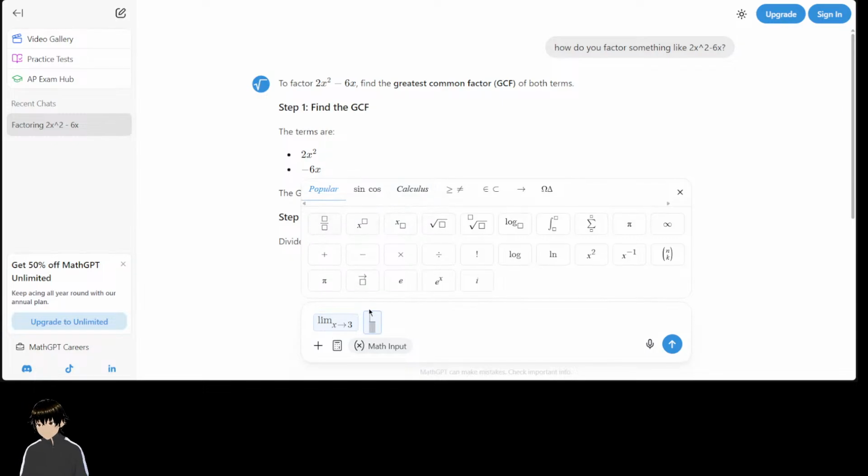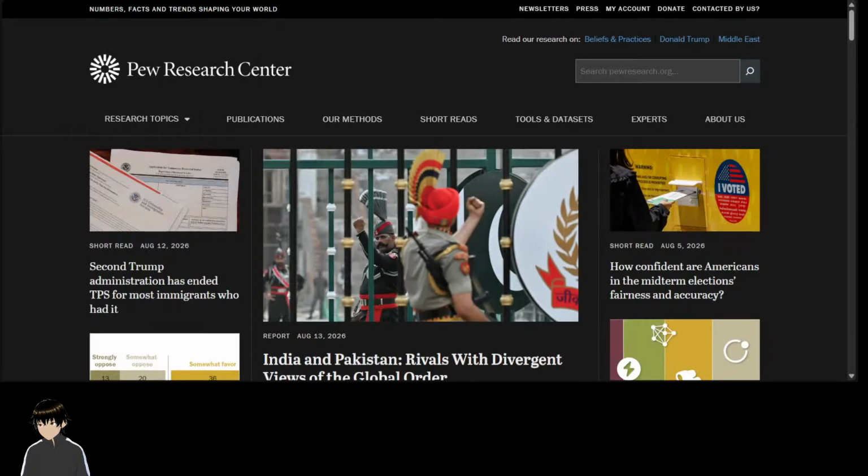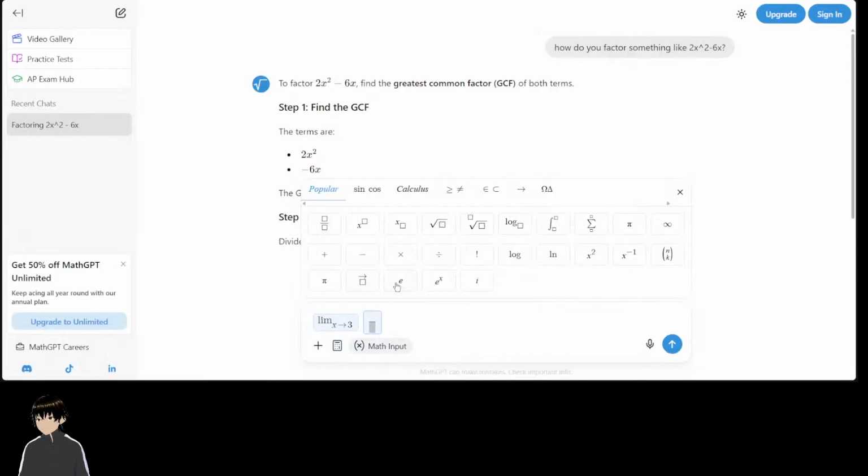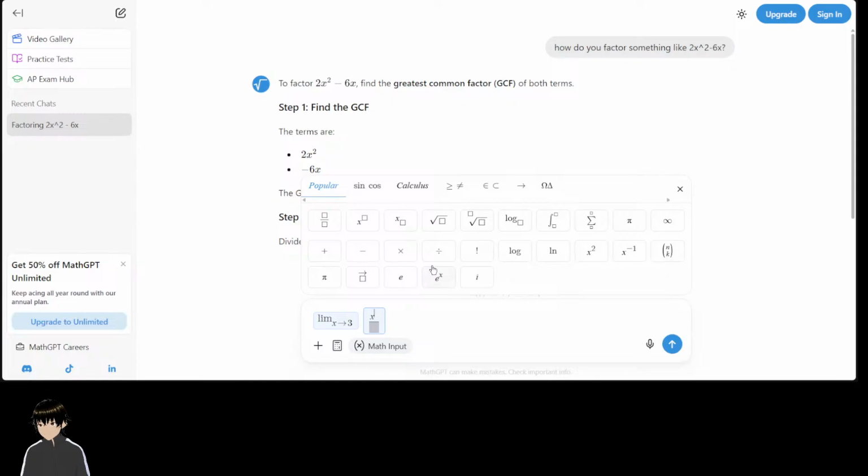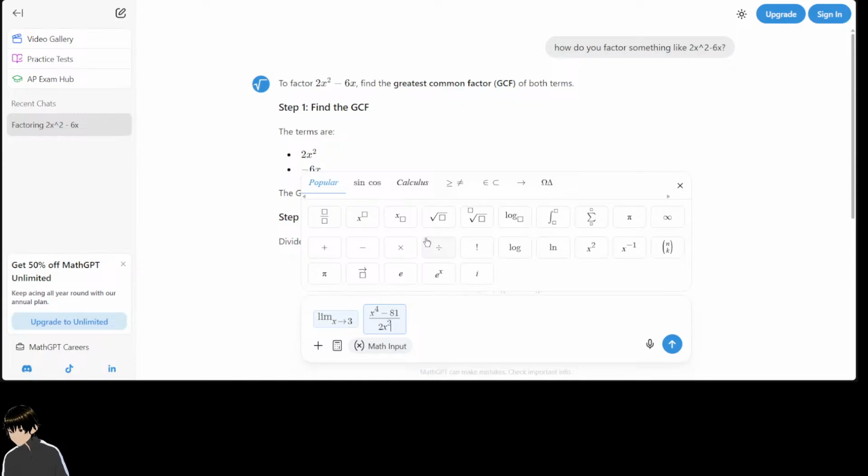Wait. x to the 4th minus 81, and 5, 2x squared minus 5x. Oh no, it's negative 5x, right? Negative 3.